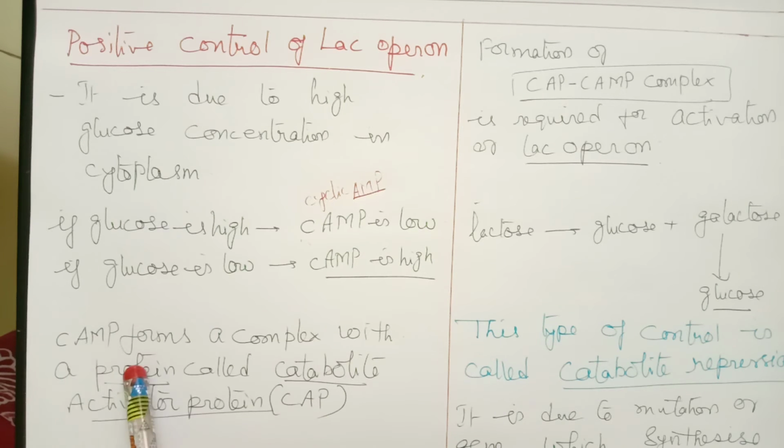So when cyclic AMP is high, it forms a complex with another protein called catabolite activator protein. So cyclic AMP must be maintained high for Lac Operon to operate. That is the most important point here. Cyclic AMP must be maintained high. So a high cyclic AMP is required for Lac Operon to function.